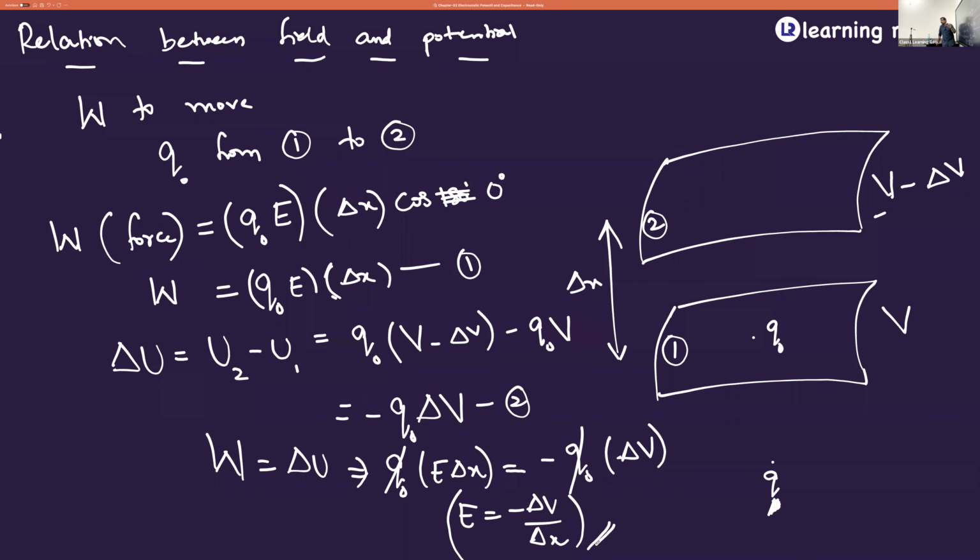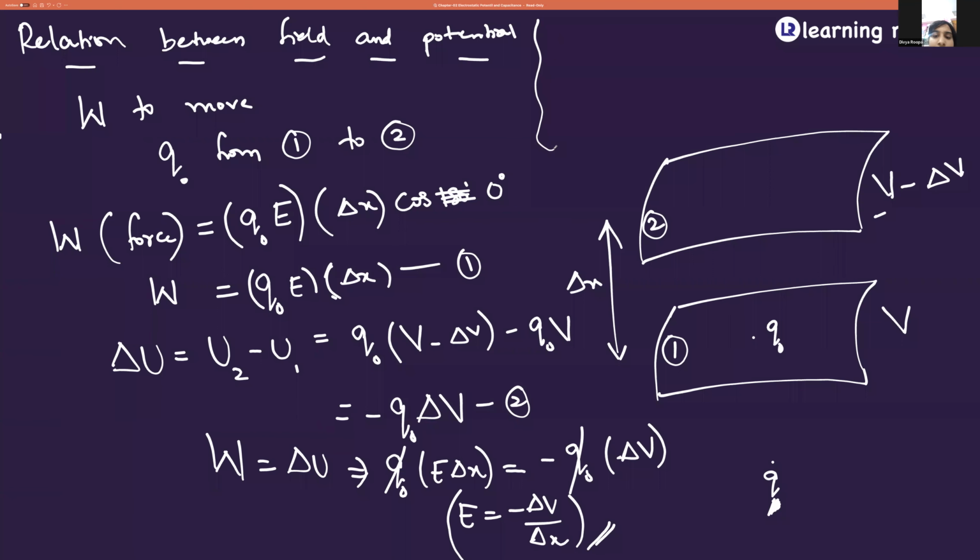Remember, this delta V, or change in something with respect to distance. If you look at delta X, that is distance. Changing something with respect to distance is given a name called gradient. So you call this as gradient of whatever value is in the numerator. It's called as potential gradient.